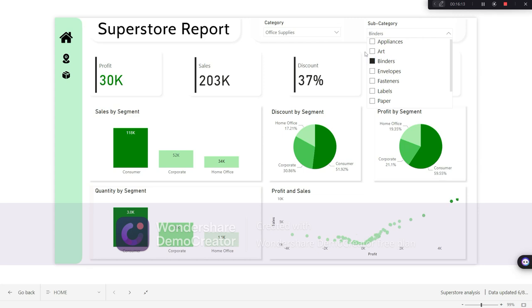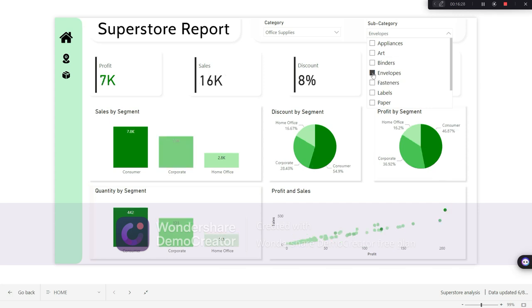Blender, in the subcategory Blender, we made 30K profit, and likewise the consumer is in top position. Envelopes, we made profit of about 7K.